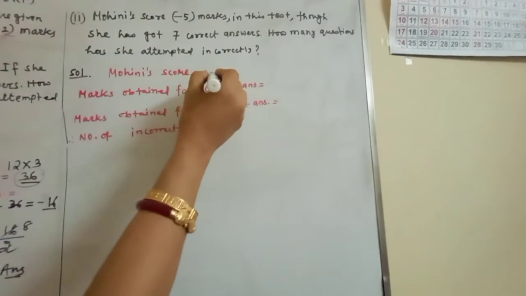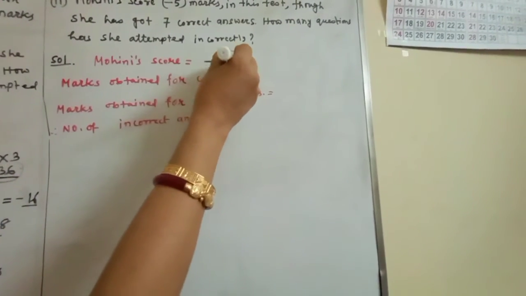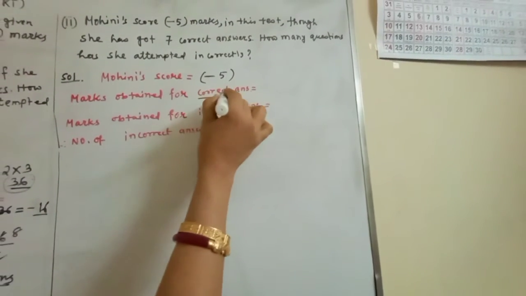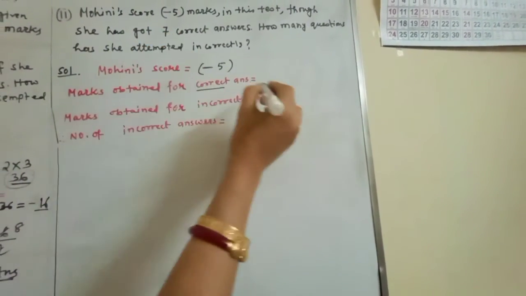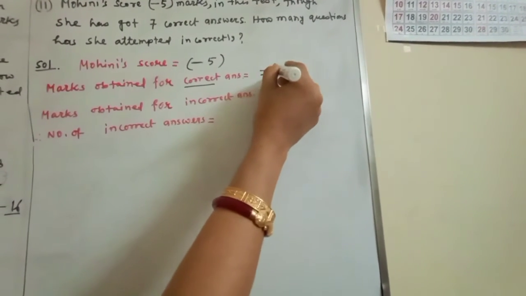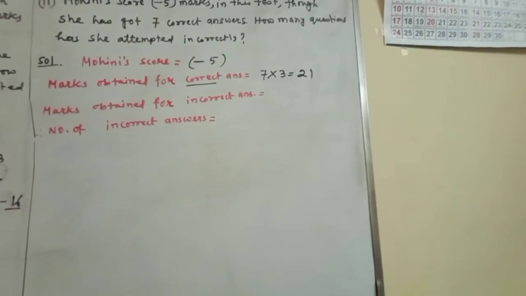The same way we can do this sum also. Mohini's final score was minus 5. You know that she has given 7 correct answers, so for 7 correct answers she collected positive 21 marks.